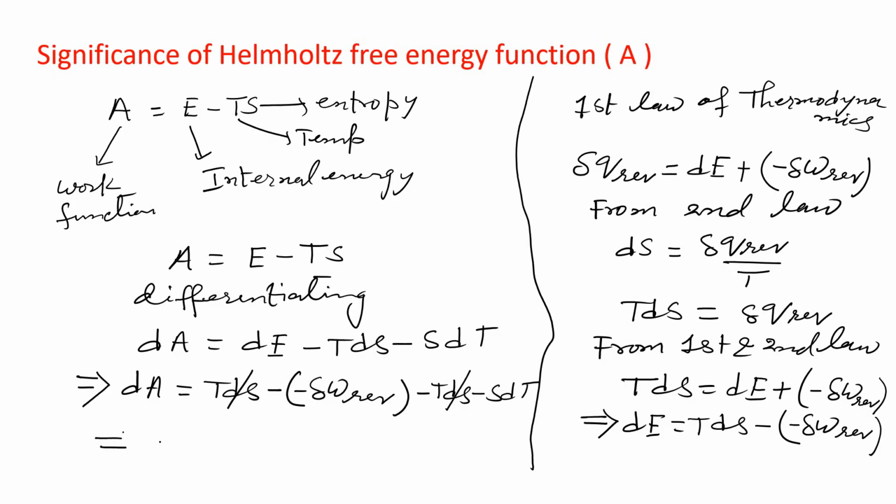So what is left over? dA is equal to minus of this reversible work done by the system minus SdT. Right? So what we got: dA is equal to minus of this reversible work done by the system minus SdT.